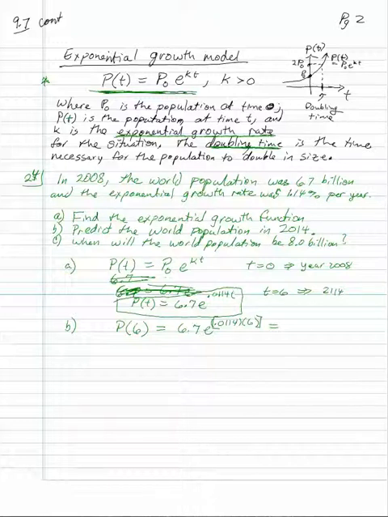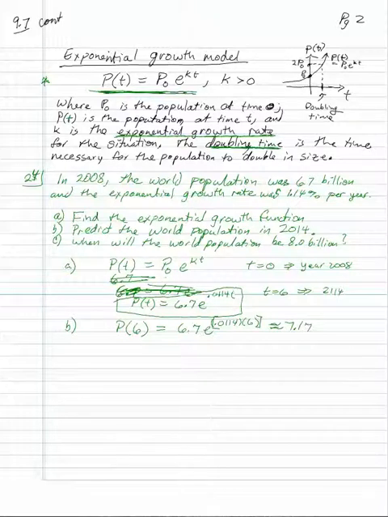So 6.7 times e to the parenthesis 0.0114 times 6 close parentheses equals, and I get 7.17.